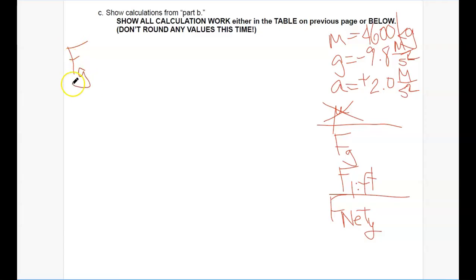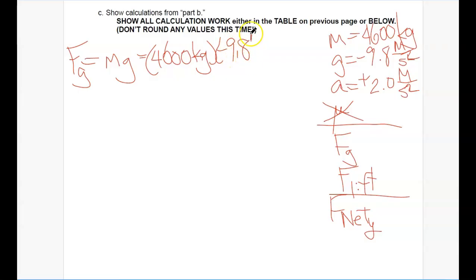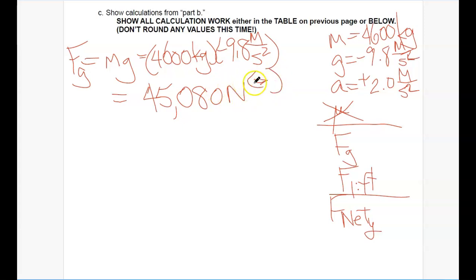Weight, as always, is going to be m times g. What does that equal? It's 4,600 kilograms times minus 9.8 meters per second squared. Pull out a calculator, and you will find that it is equal to a fairly large number of newtons here. It's 45,080 newtons, and that's pointing downwards, so we have to remind ourselves that's a negative force.